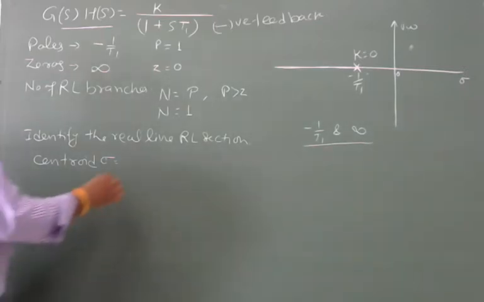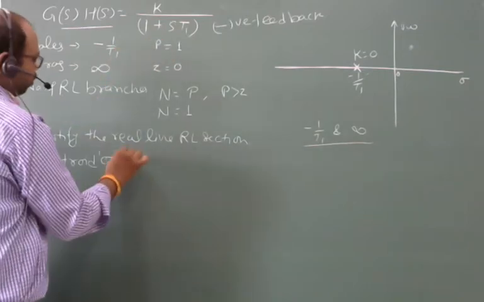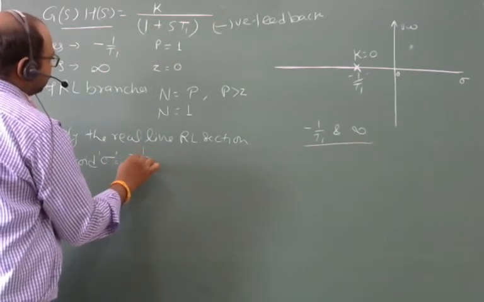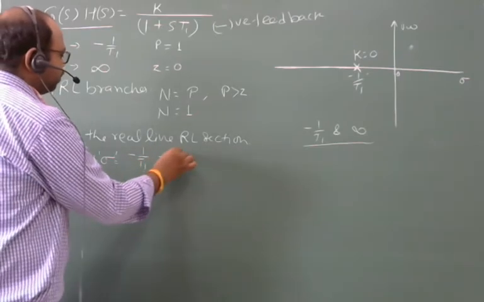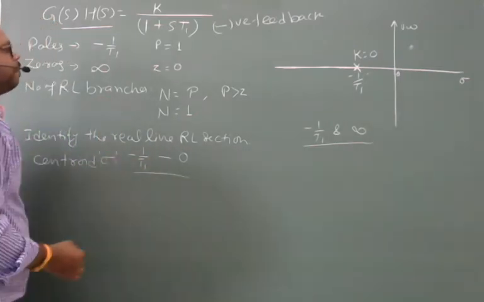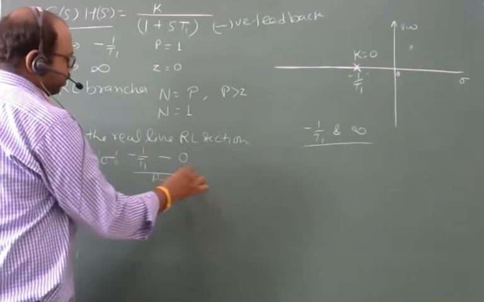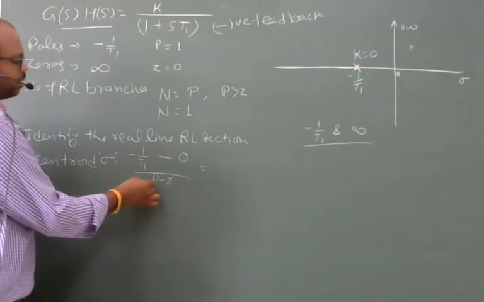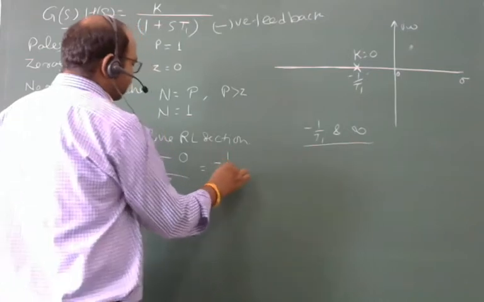The centroid sigma is equal to the sum of real parts of poles minus the sum of real parts of zeros, divided by the number of poles minus the number of zeros. The pole is at minus 1 by T1, so since this is 1 and this is 0, the centroid will be at minus 1 by T1.